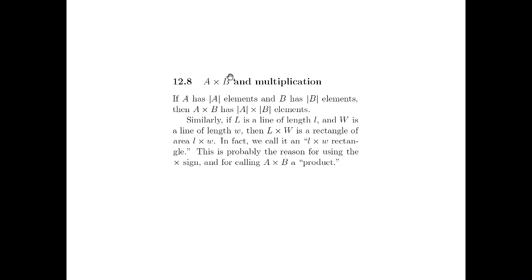There are good reasons for using the multiplication symbol here, but the big important thing to remember is that if our sets are finite, the first has this many and the second has this many elements, then to find the number of elements in the Cartesian product, we just multiply the two sizes, right?